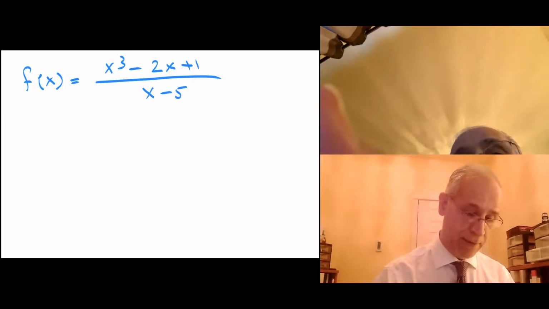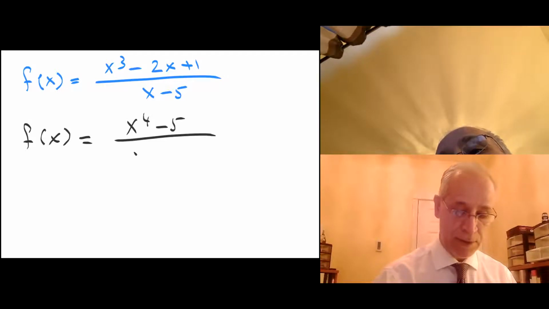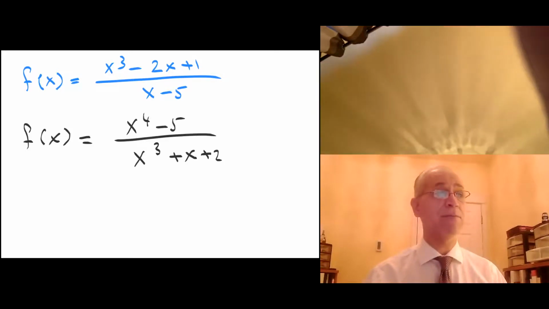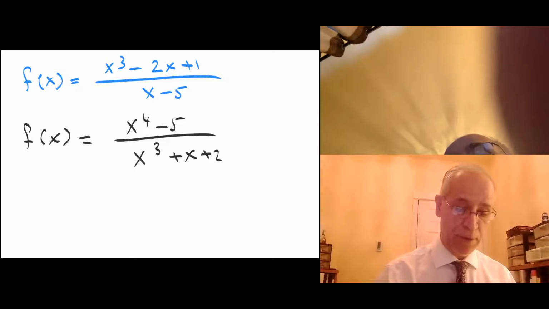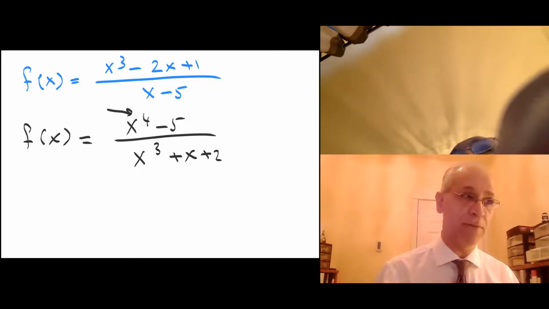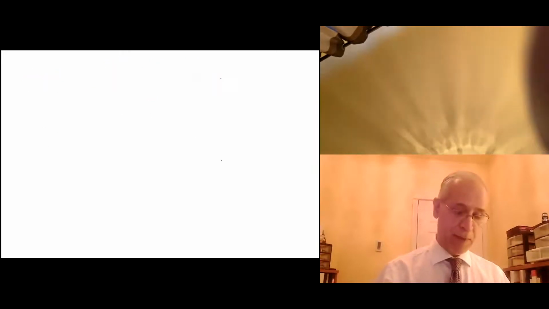If I have f of x equal, let's say, x to the fourth minus 5 over, say, x cubed plus x plus 2, now I do have a slant asymptote because the degree of the numerator is 1 higher than the degree of the denominator. Let me go to the next page.